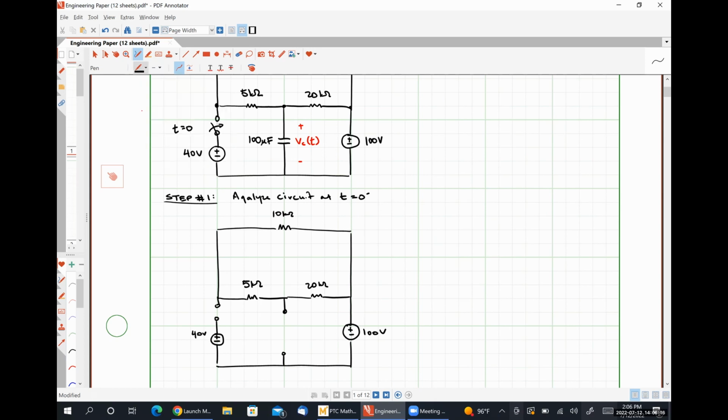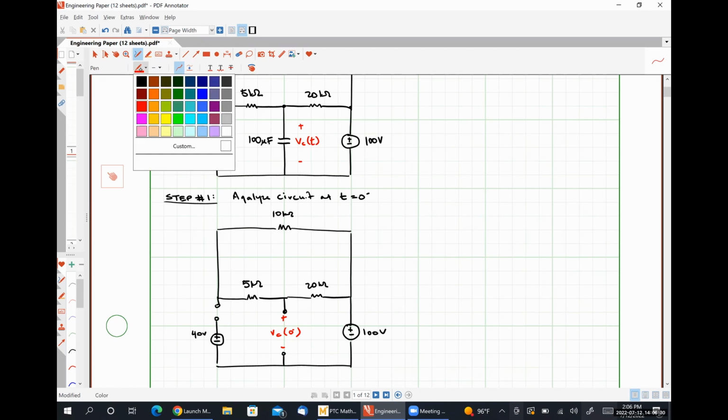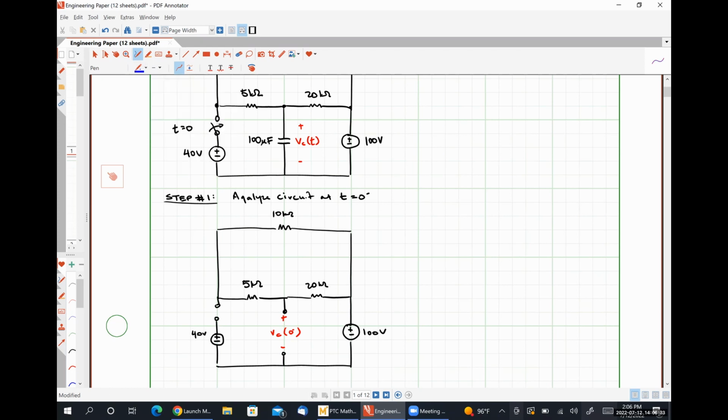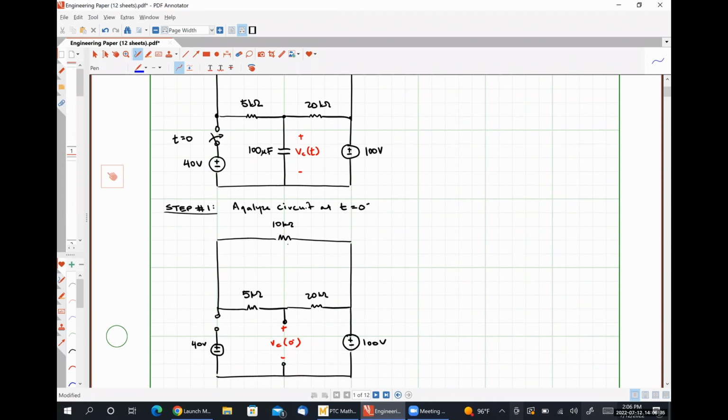And let me identify our quantities of interest. So we're going to have our capacitor voltage VC at 0 minus. And we're also going to have our current I of t directed to the right, like so.